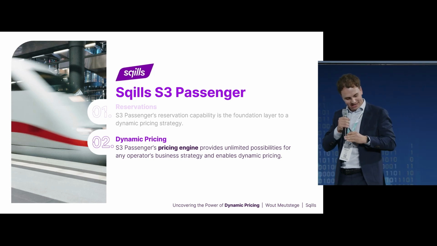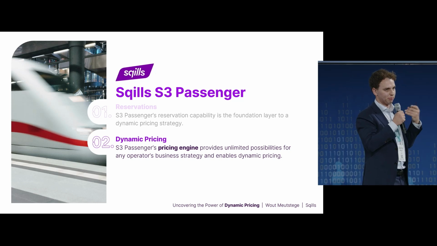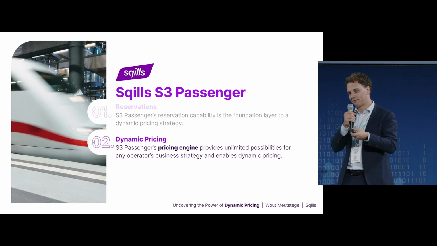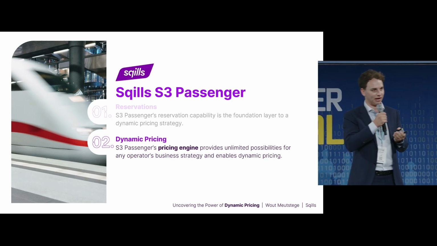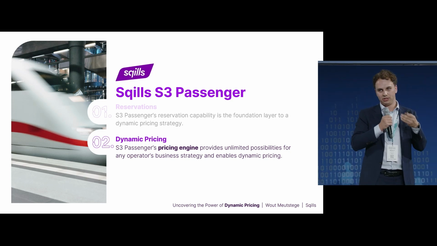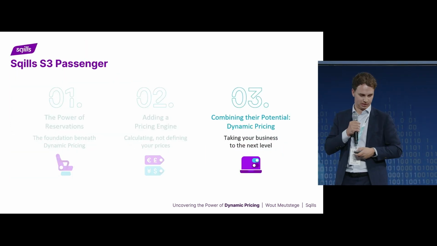So combining our reservation background, our ability to judge per origin-destination combination on every single train that you sell, knowing exactly how many people will be on any given train, with these dynamic calculation rules, allow us to perform dynamic pricing.